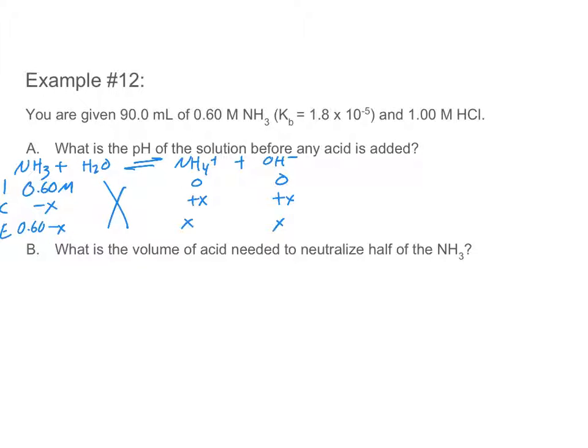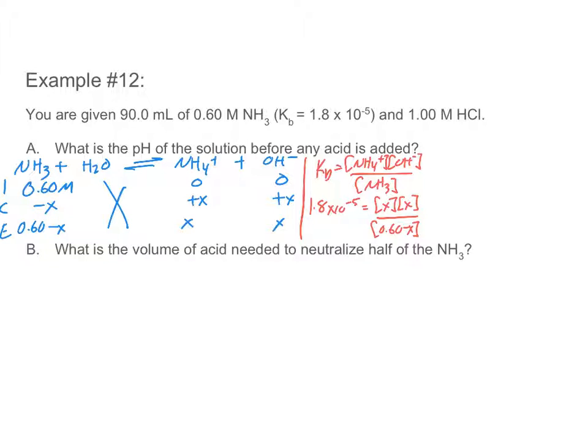And because this is a base, I'm going to write my KB expression. So KB is going to be equal to NH4 plus times OH minus over NH3, like that. I know my KB value is 1.8 times 10 to the minus 5. I know NH4 is X, OH minus is X, and I'm left with 0.60 minus X here.